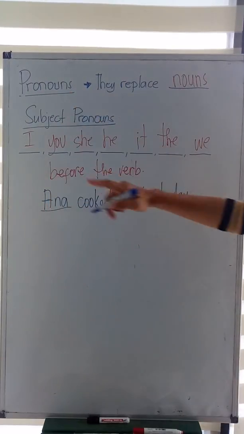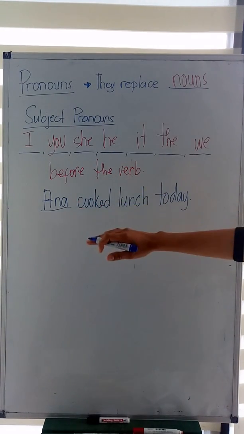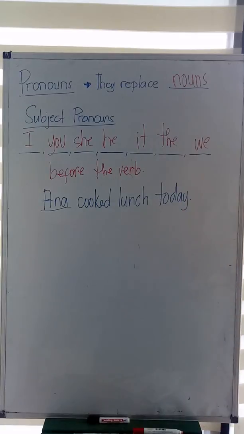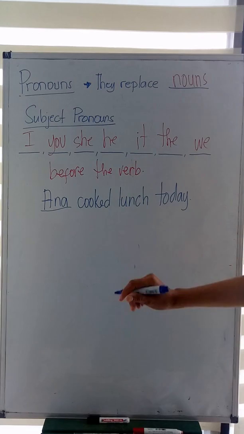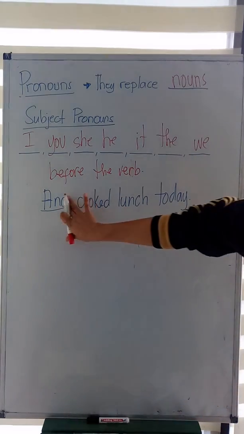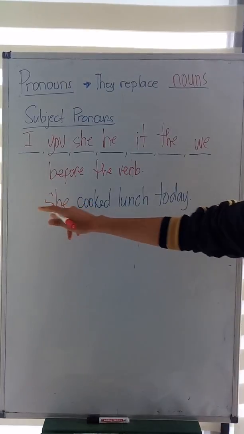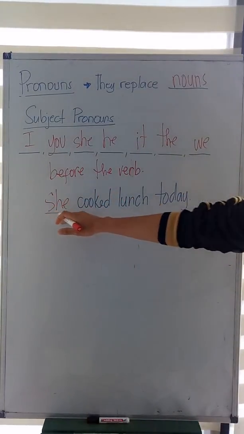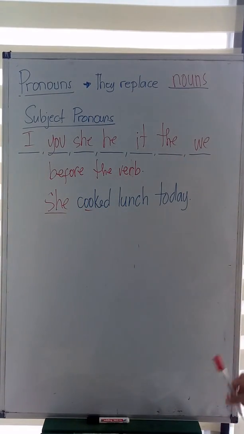And since pronouns replace nouns, the subject pronoun that we will use for Anna, you have to consider her gender. She's a female. So we are going to use the subject pronoun she. She cooked lunch yesterday. And as you can see, the subject pronoun she comes before the verb cooked.